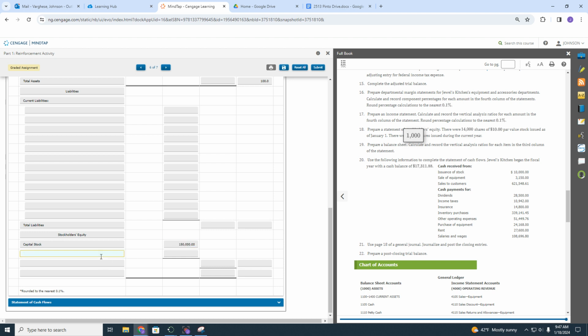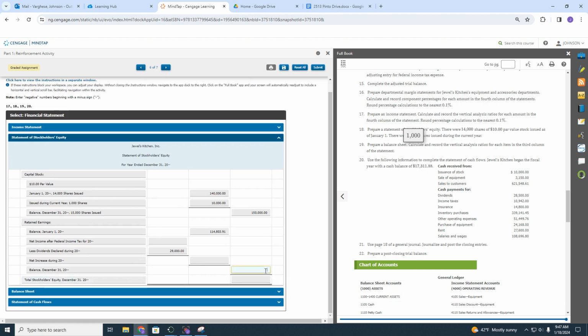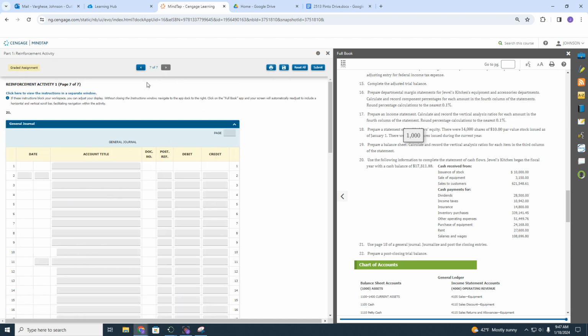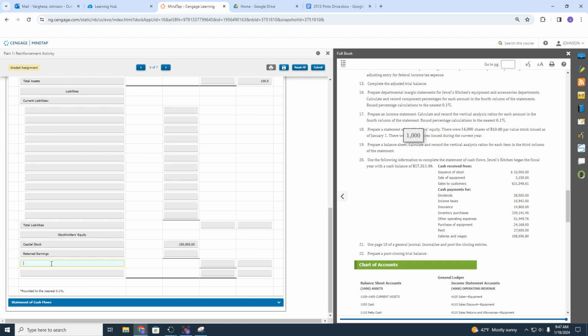And then I'll have my ending retained earnings, which I need to calculate, which I'm going to grab from right here. So I'll have my retained earnings. So this plus this is going to equal my total stockholders' equity. Oh, not that. It's just stockholders' equity. They're both the same.